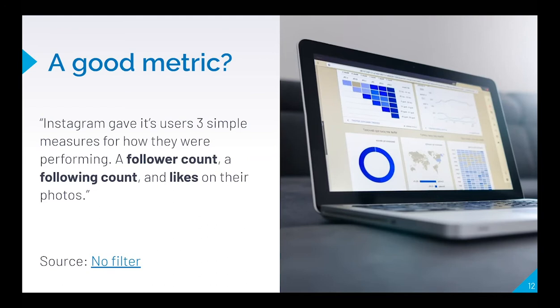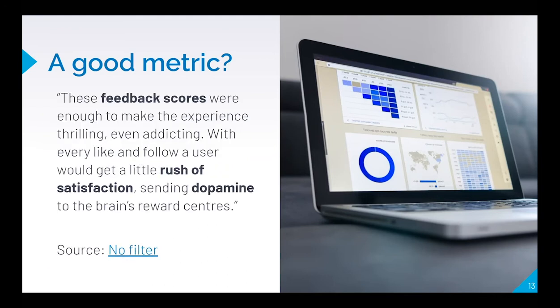The interesting thing about this is that these feedback scores are enough to make the experience with the users thrilling and to some extent addictive. With every new like, with every new follow, there's a rush of satisfaction, a rush of dopamine to the brain for almost each and every user of this platform.